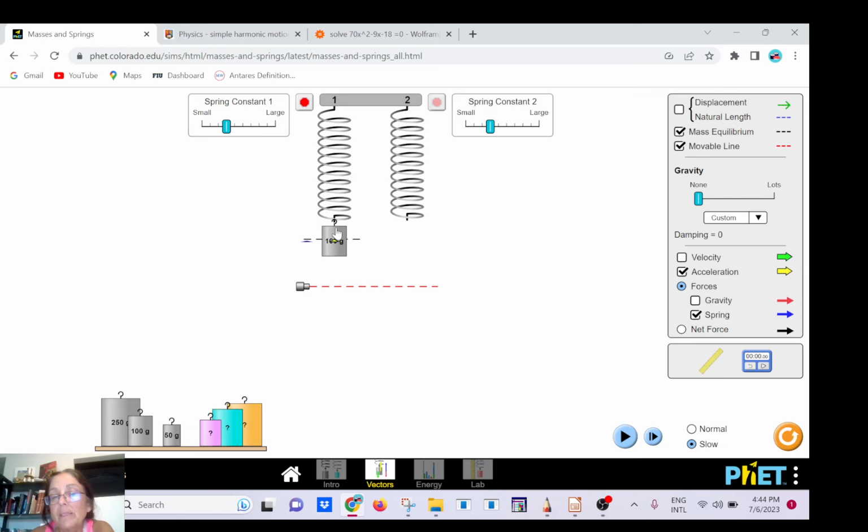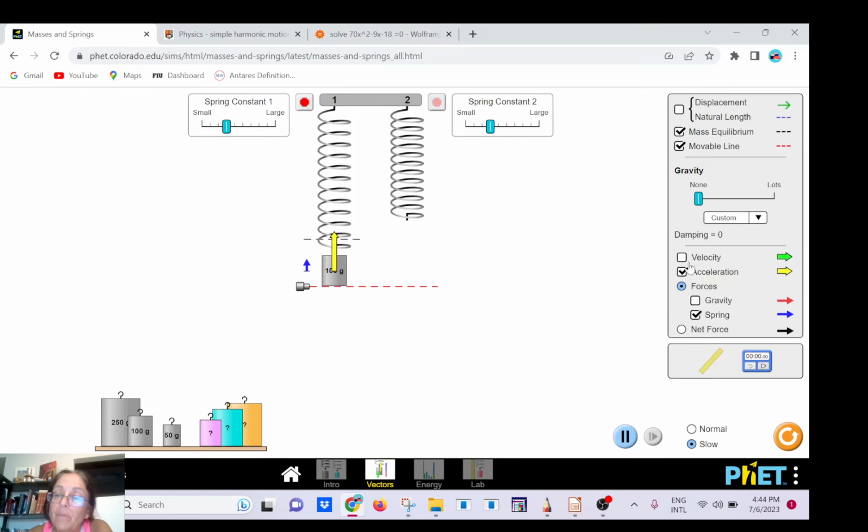Because of its inertia, it wants to keep going in the same direction at the same speed, except because there is a restoring force here, it's going to slow down, stop, speed up, slow down, stop, speed up, and so forth and so on.